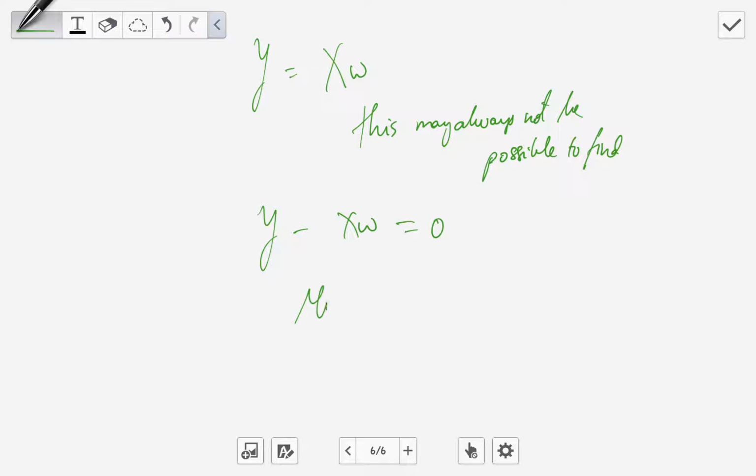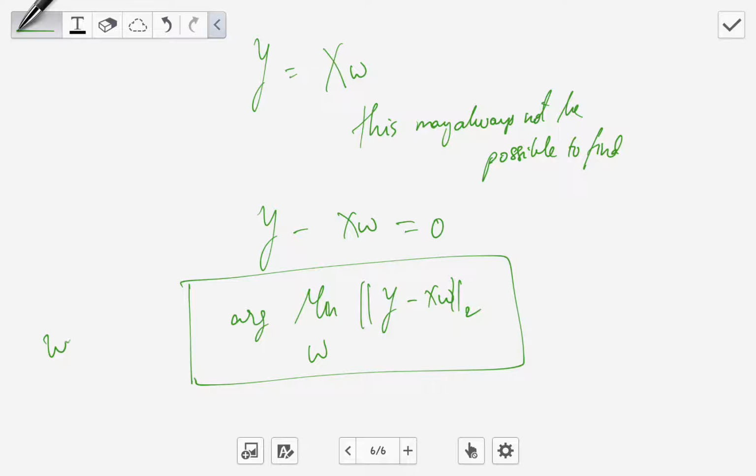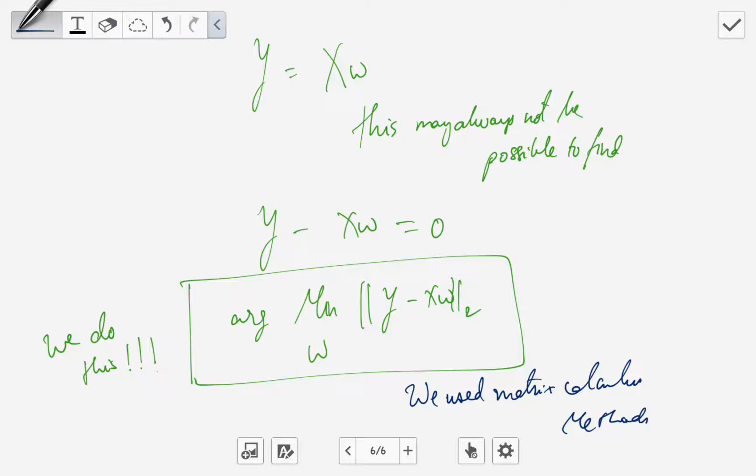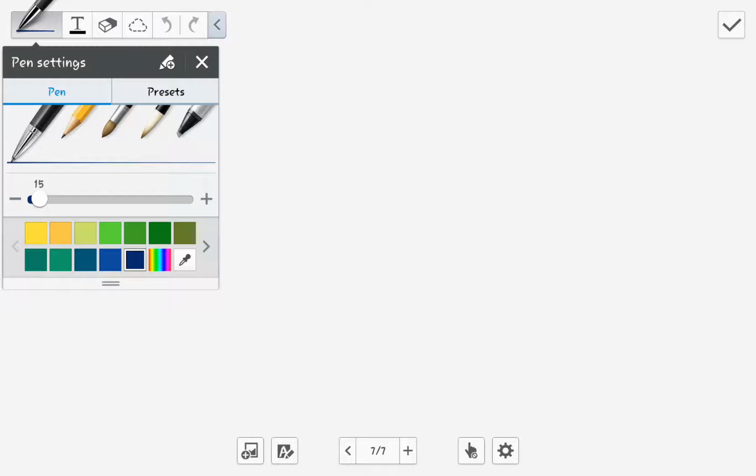We will find the w that is the arg min of the 2 norm of y minus xw, such that it is minimized. Fine. We do this. Okay, and then we use some matrix calculus methods to do further optimization. Okay, now let us see it in some other way.